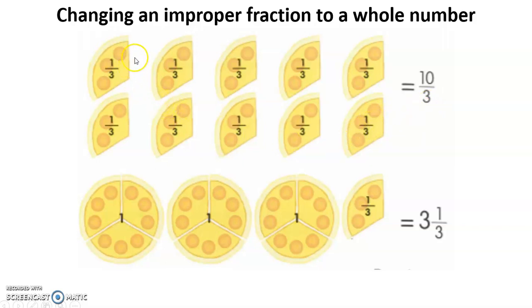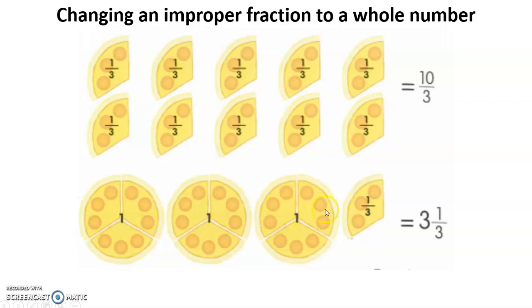Now I can combine some of these thirds, as I have in the second part of this slide. And on the bottom part, you can see that 3 of these third pieces combine to make 1 whole, because 3 thirds is the same as 3/3, and we know that 3 divided by 3 is 1. So I can combine 3 of them to make 1. I can combine another 3 of these pieces up here to make another 1.